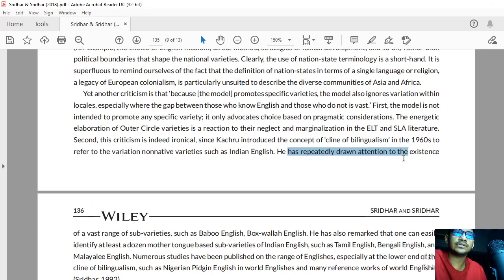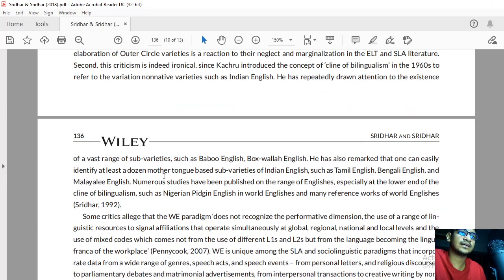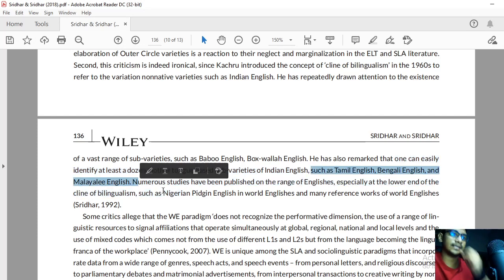He has repeatedly drawn attention to the existence of a vast range of sub-varieties such as Babu English, Boxwala English. He has also remarked that one can easily identify at least a dozen mother tongue based sub-varieties of Indian English. Remember, he studied South Asian Indian English in the 1960s and 70s, such as Tamil English, Bengali English, and Malayali English.